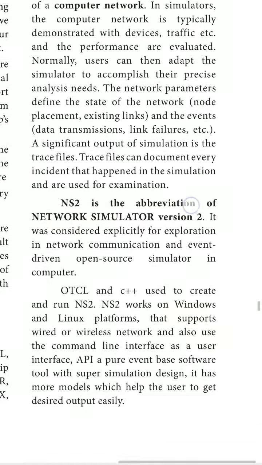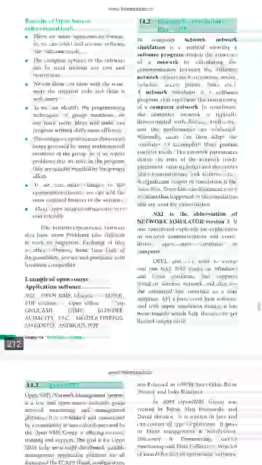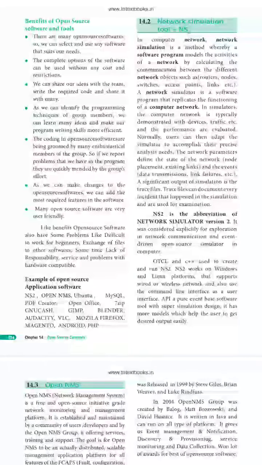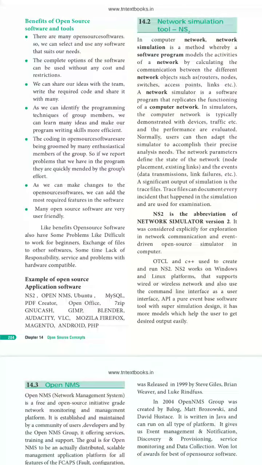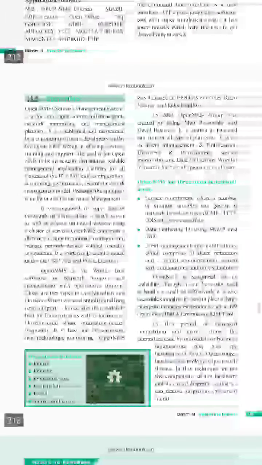So this is open source software known as NS2, which is applicable to any network to monitor and replicate the network activity as it is, for research purposes. You can download it and use it for free.